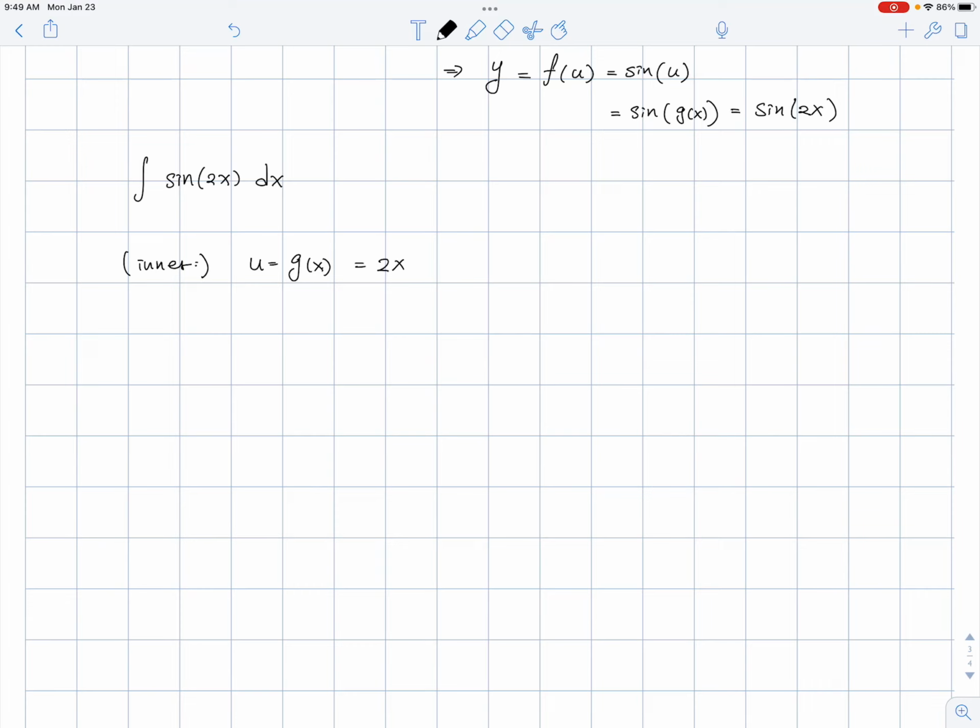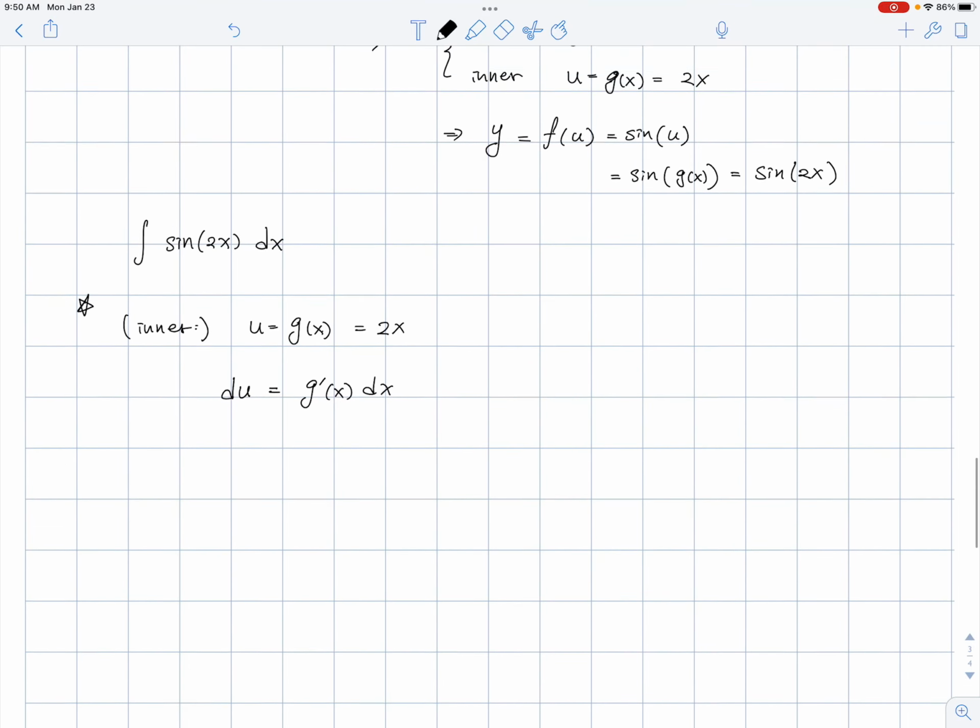So you start with this, and then you look at the differential. So you write du equal to, now this is a straightforward computation, du equals g prime of x dx.